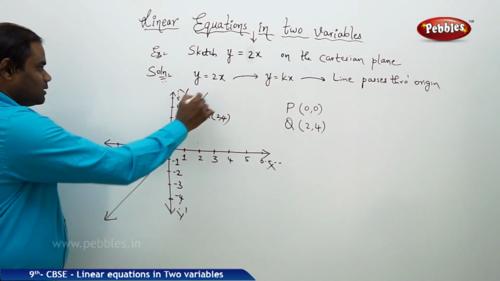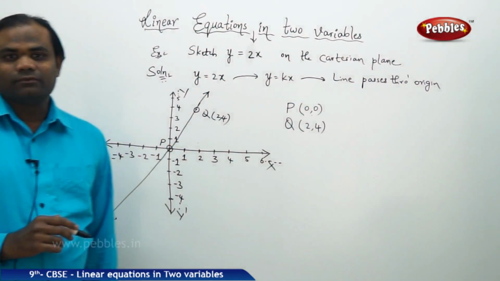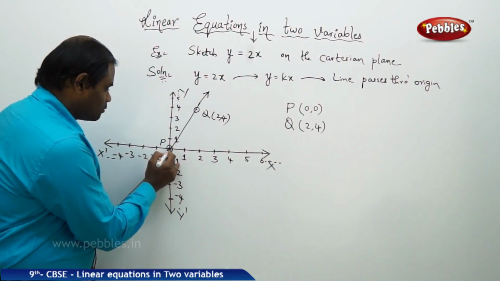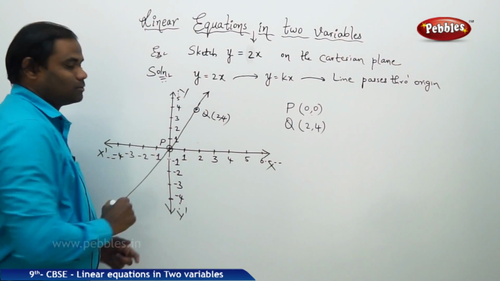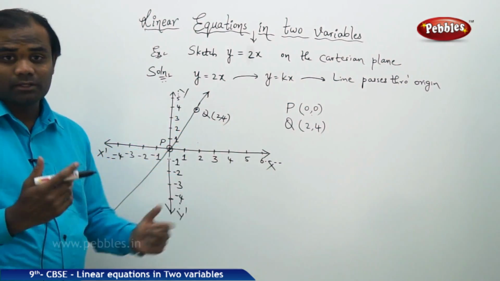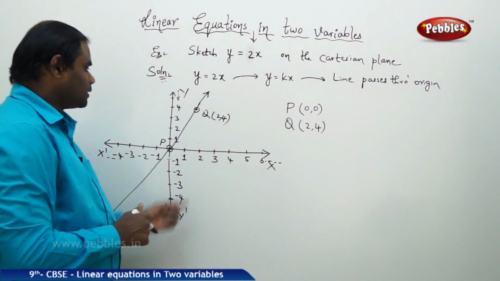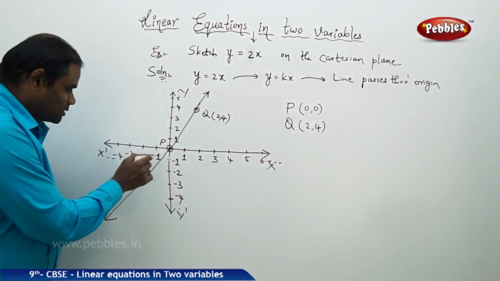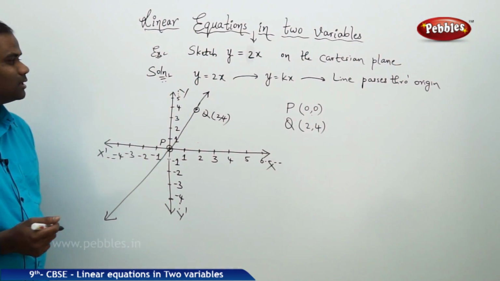So I get a line which is extended on either side and passes through both P and Q, the points obtained from the line y equals 2x. Therefore, the line passing through P and Q clearly is seen to pass through the origin.